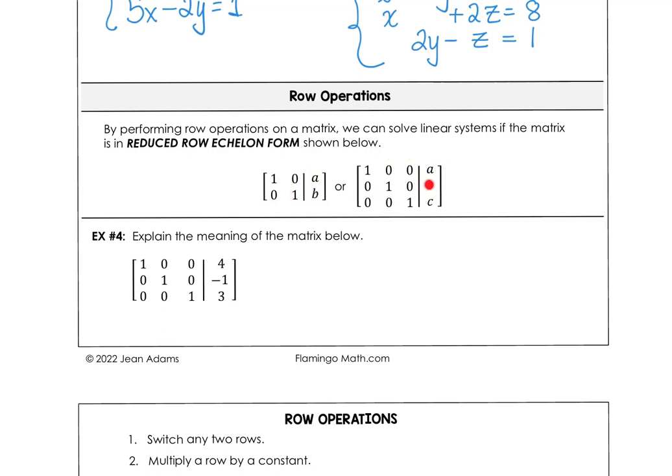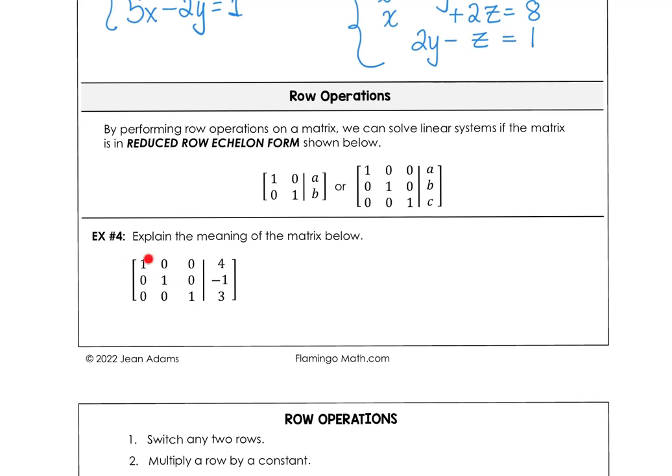And here's reduced row echelon when there's 3 equations and 3 unknowns. Now, you have to be able to explain the meaning when you have the diagonals of 1 and all the elements under and above are 0, as in both cases. So we do have that here, this triangular array.